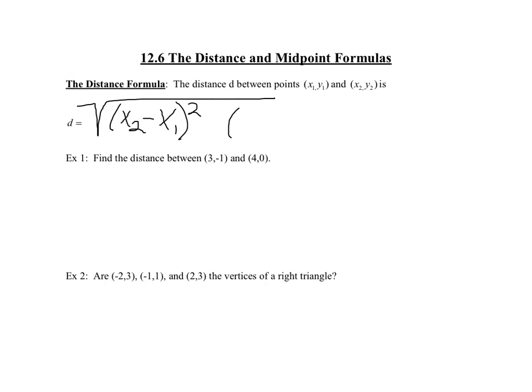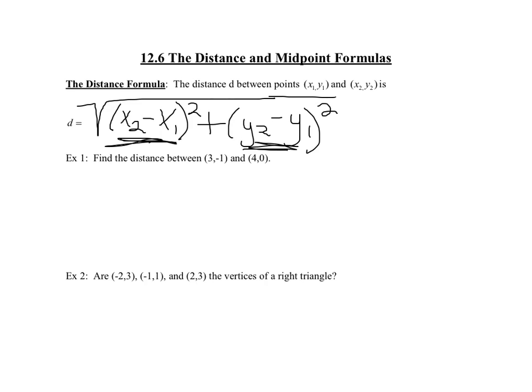And then you find the difference between the y values, so you would do y2 minus y1 and square that. Then you take the sum of them and finish off by taking the square root. So you find the difference between the x values, the difference between the y values, square them, take their sum, then take the square root.